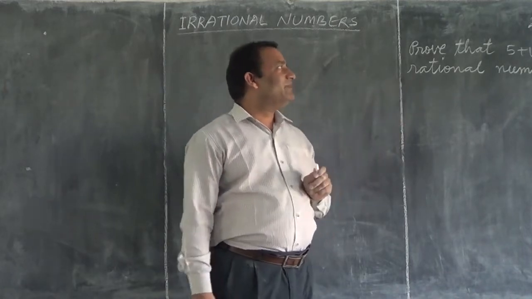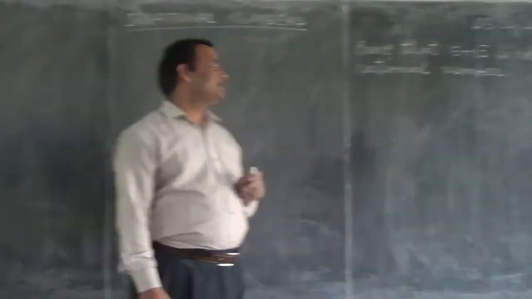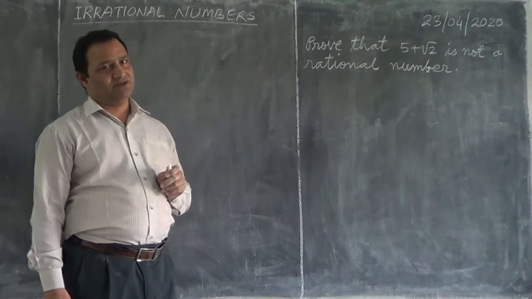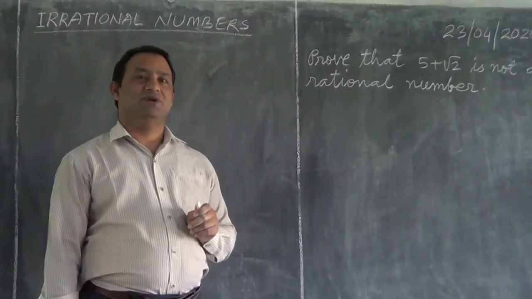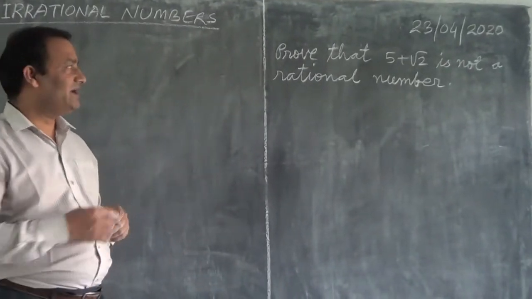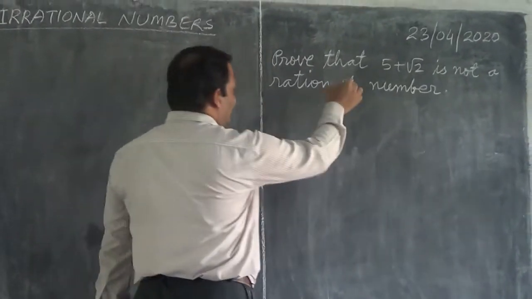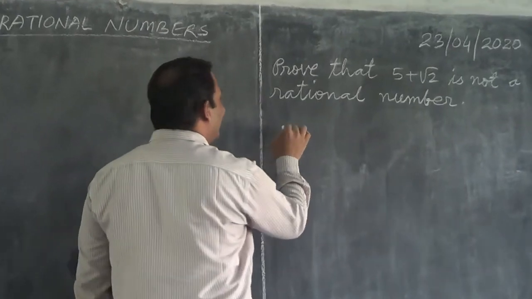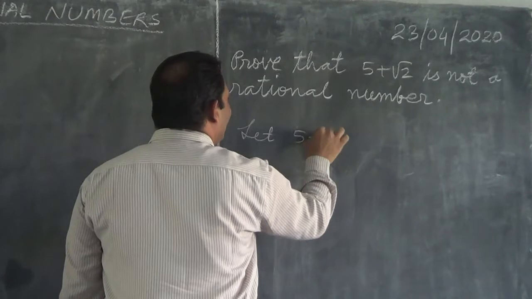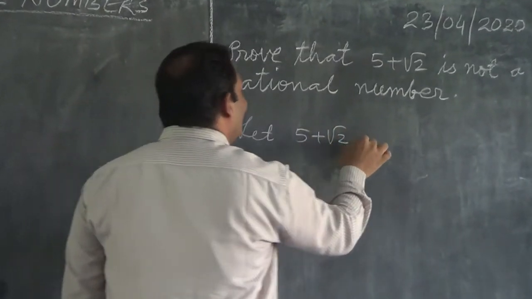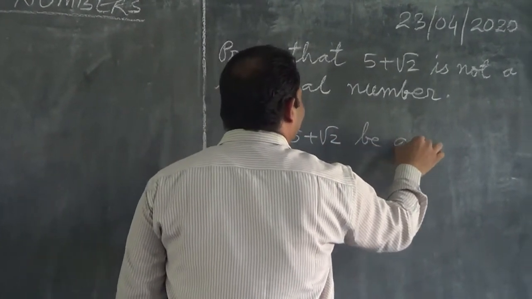Prove that 5 plus root 2 is not a rational number. So in all the questions we are practicing the method of contradiction. So here we will take, first, let 5 plus root 2 be a rational number.